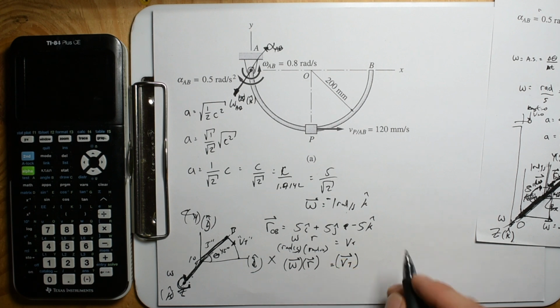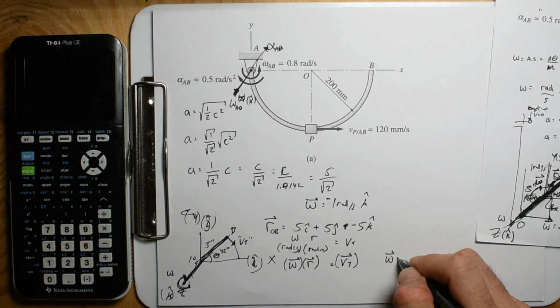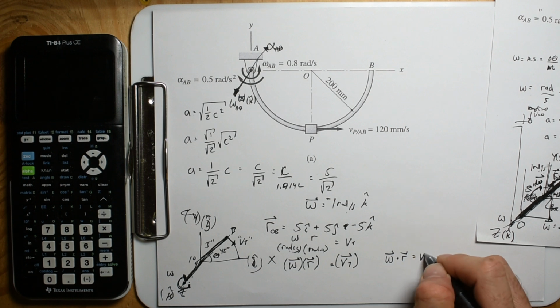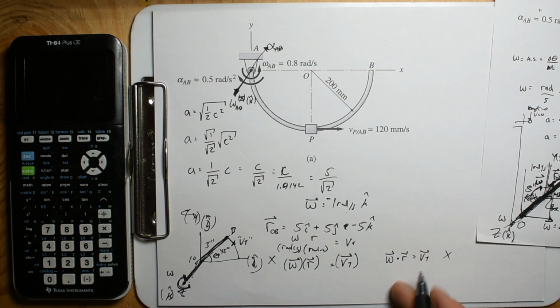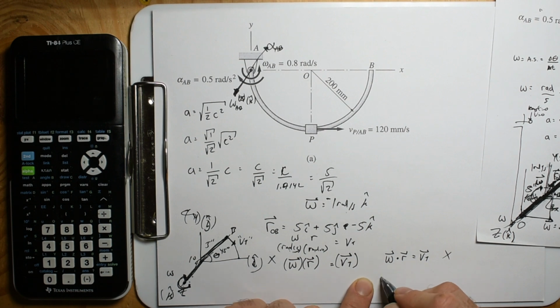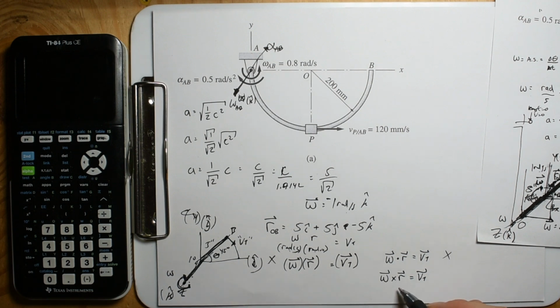you either take the dot product, and this would give you something nonsensical probably, or you take the cross product, which would be omega cross r. And I even think I have this written wrong, where you have to do r cross omega.